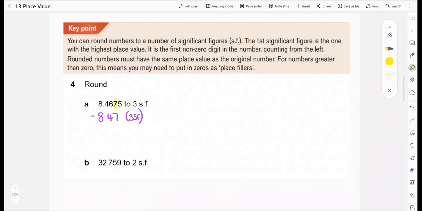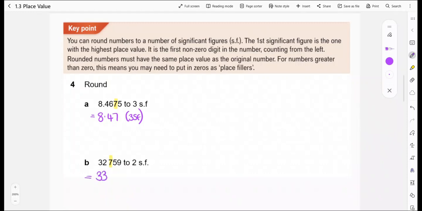For our next number, we have 32,759, rounding to two significant figures. So again, we look at the third significant figure, which is a 7, and see what that will do to this second one, which is a 2. 7 is 5 or more, so therefore it is going to round that 2 up to a 3.